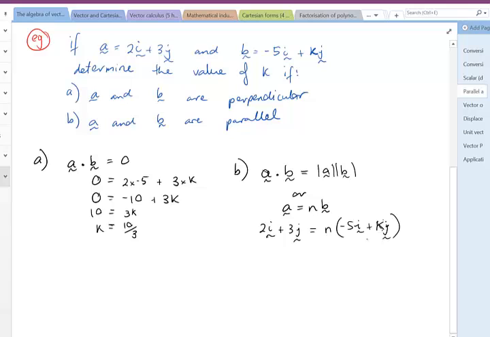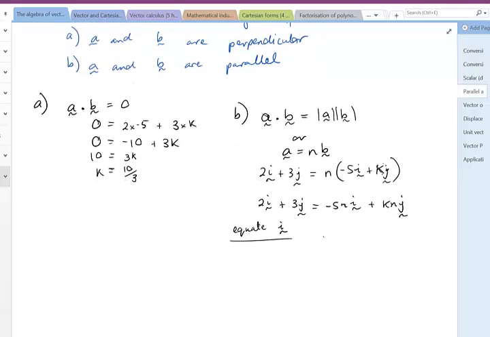This should be relatively easy if we expand this out and compartmentalize, so we look at the i and the j separately. So 2i plus 3j is equal to negative 5ni plus knj. If we equate the i direction, then we get 2 is equal to negative 5n.